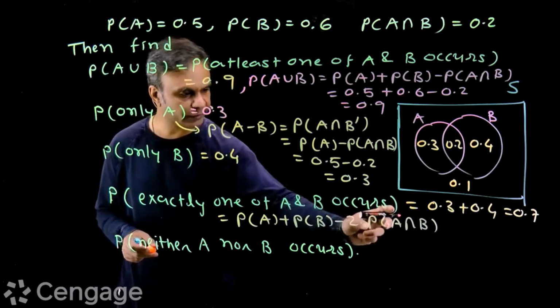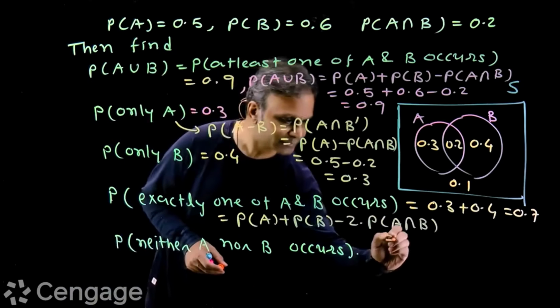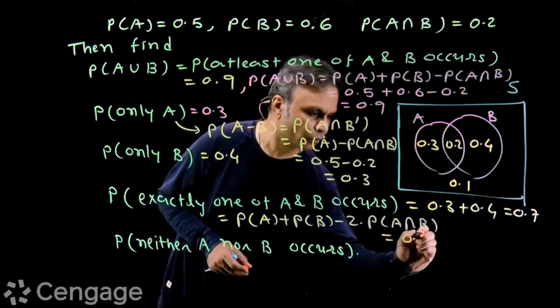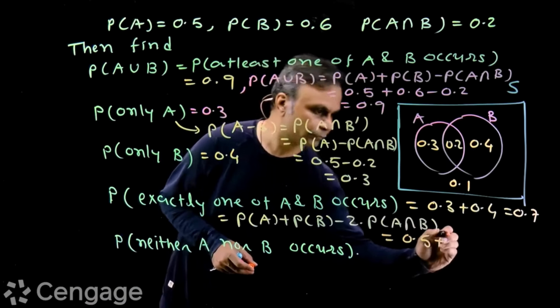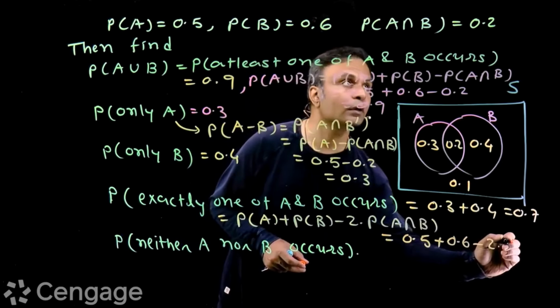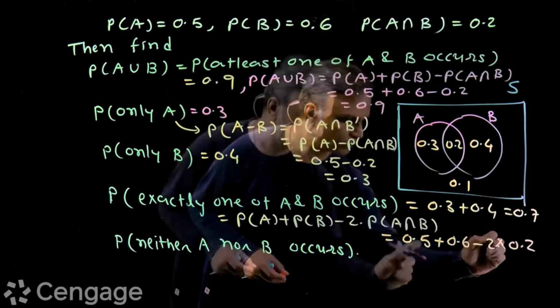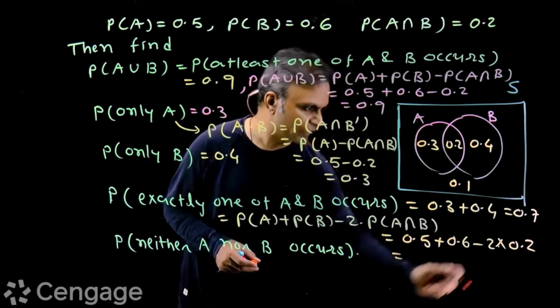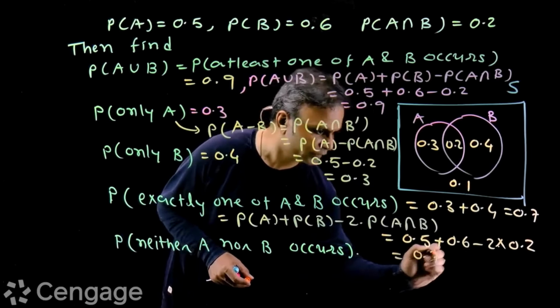That's why we are subtracting here 2 times. This is equal to 0.5 plus 0.6 minus 2 times 0.2. So this is equal to 1.1 minus 0.4 equal to 0.7.